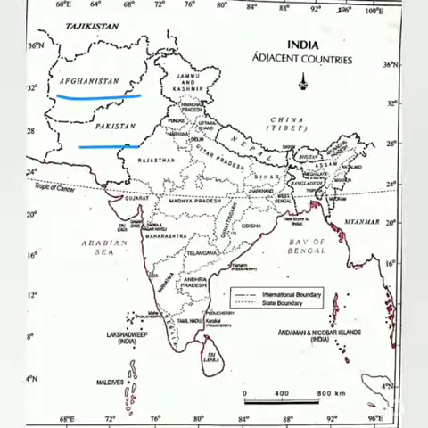In the north, we have China, we have Nepal and Bhutan. In the east, we have Bangladesh and Myanmar. And in the south, we have Sri Lanka and Maldives. So these are the neighboring countries of India.